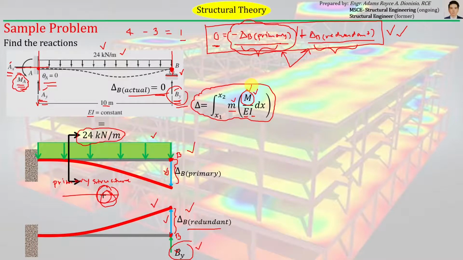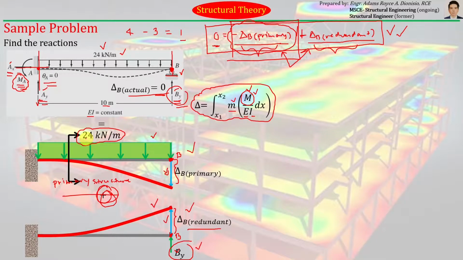So let's try to cut the given structure. Let's try to solve this deflection first, delta B primary. So since this is the primary structure, this is where we will compute for the bending moment, the capital M that we have here. So we have to cut the beam so as to compute for the moment equation.